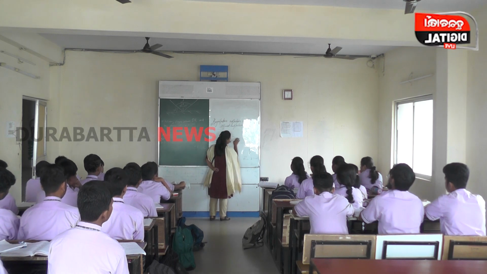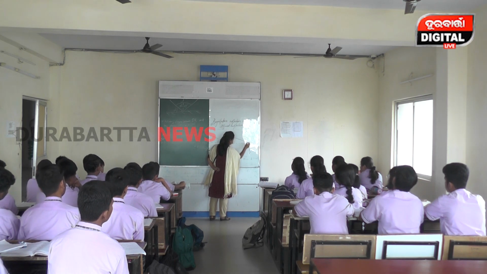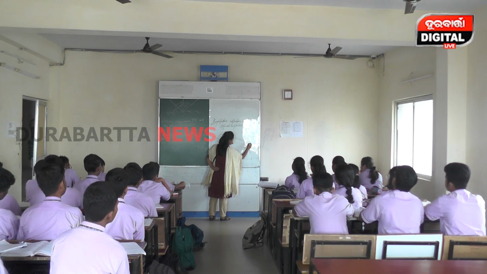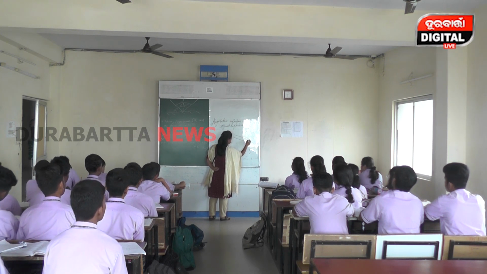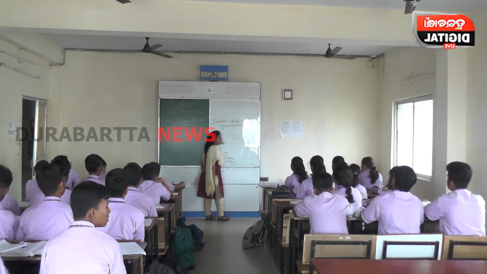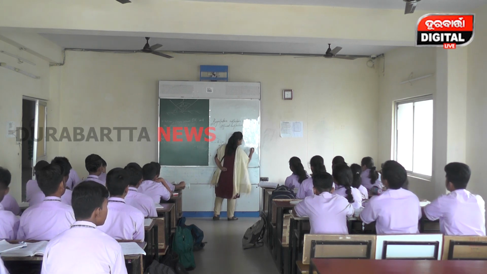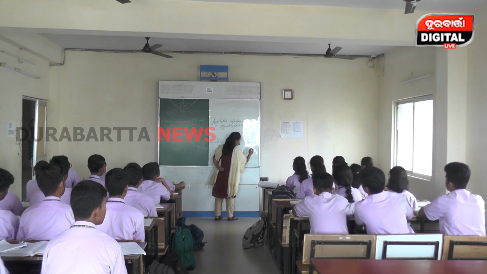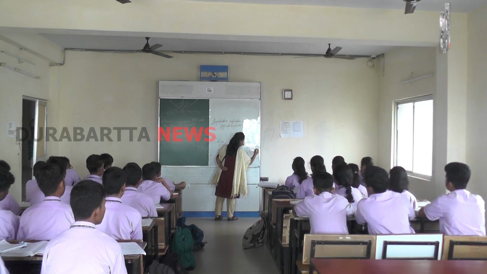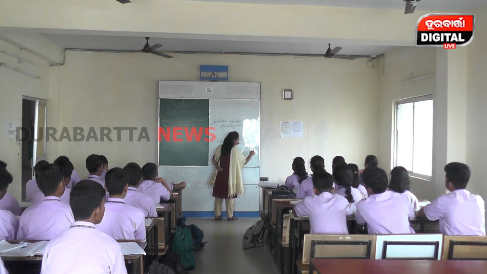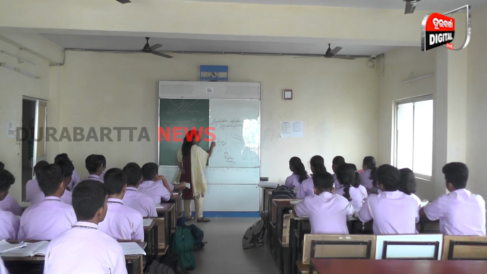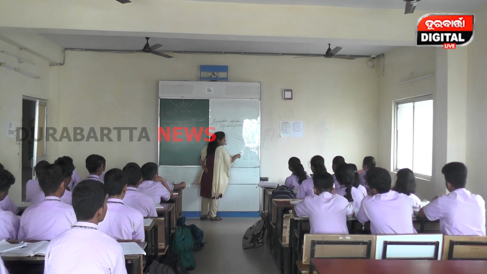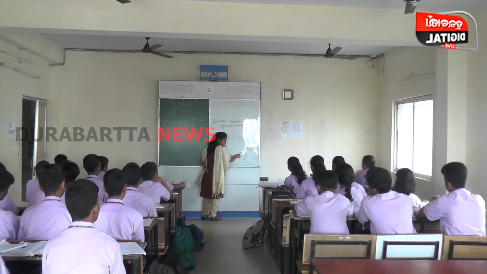If it falls over here, the angle of reflection could be this, or if light falls over here, the angle of reflection could be this. Here the second law of reflection, angle I equals angle R, is not satisfied. Got the point? This is our regular reflection and this one is our diffused reflection.